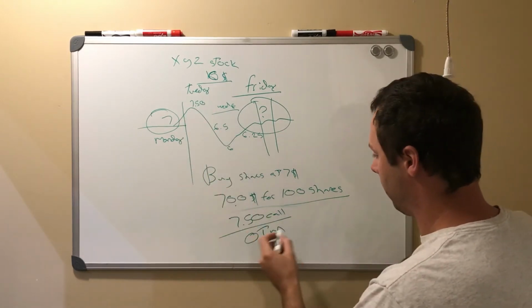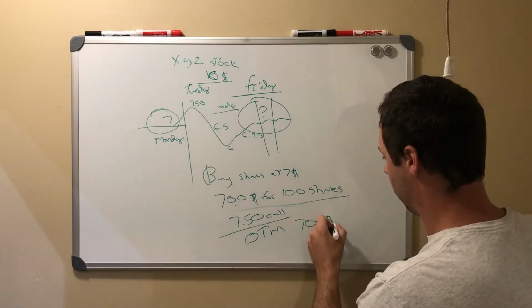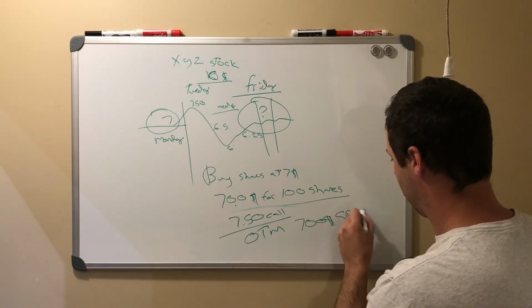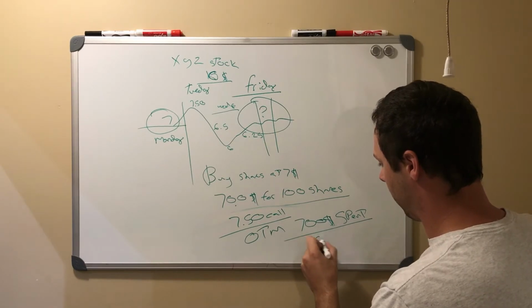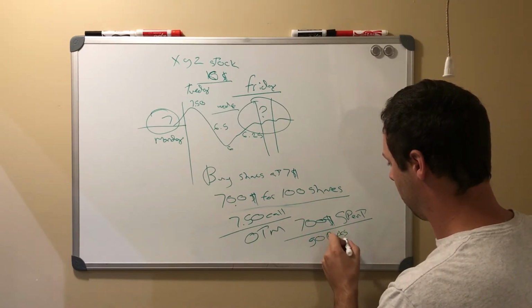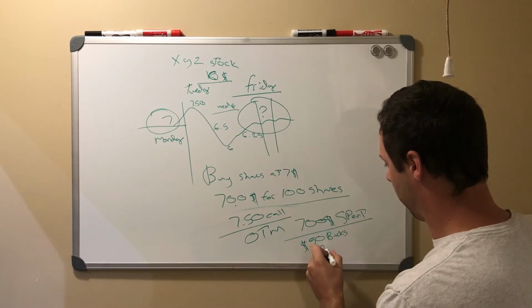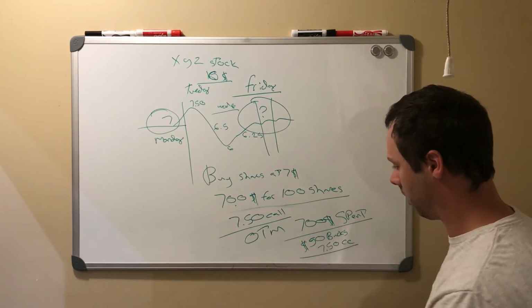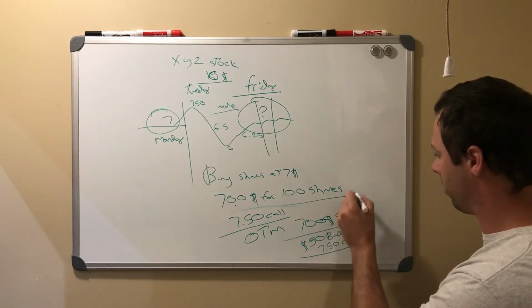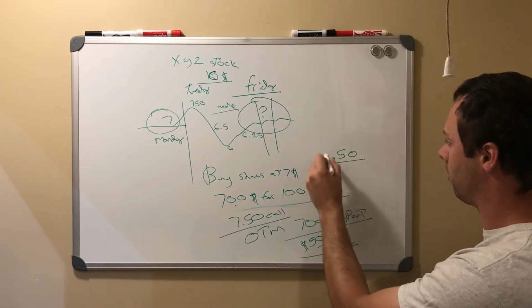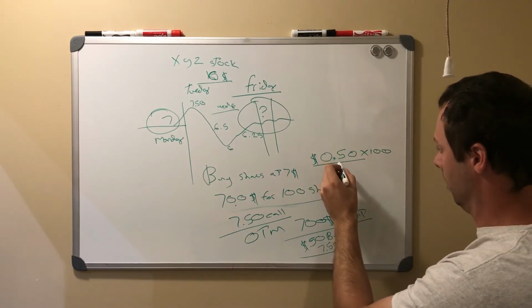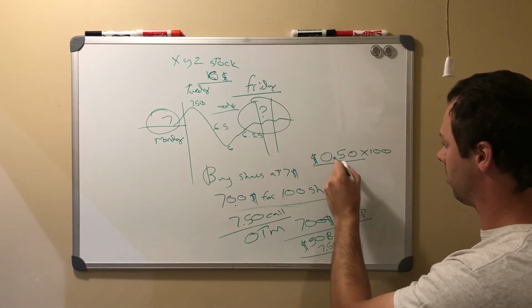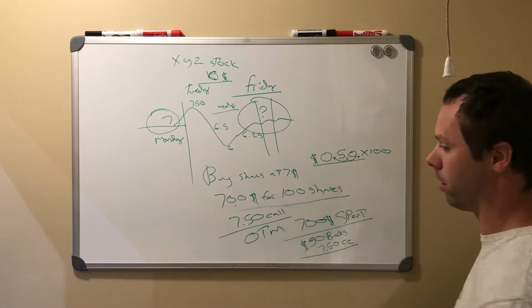So you write the 7.50 call, so you have $700 that you spent, and then you got, let's say, $50 for the 7.50 covered call, which would be notated as 0.5 because it's times 100. So you would move it over, and that's your actual value of the trade.